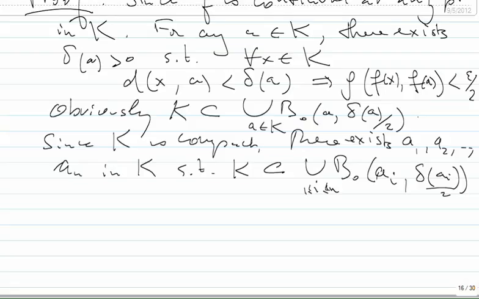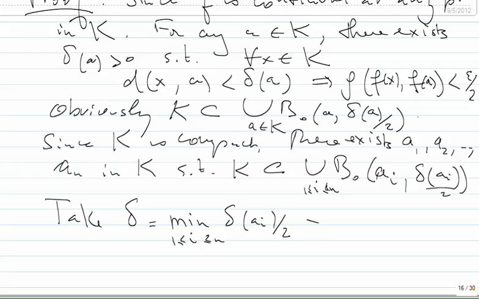And now take delta to be the minimum of these delta i's over 2, and since they are finite, it is one of them, and therefore delta is positive.